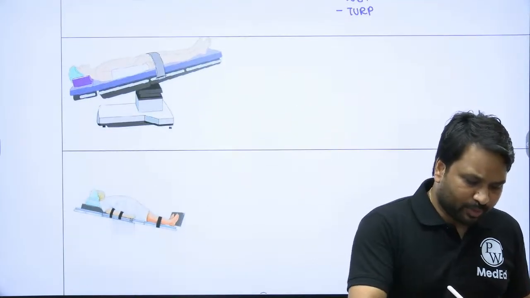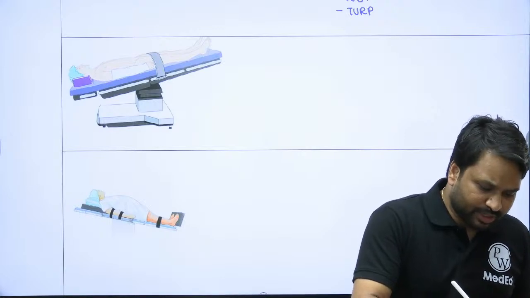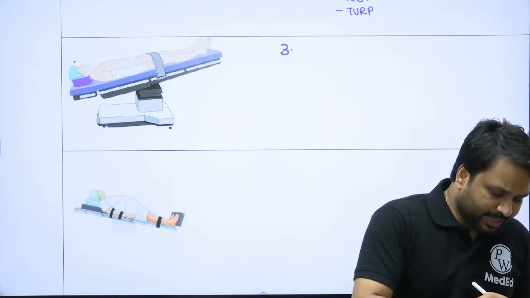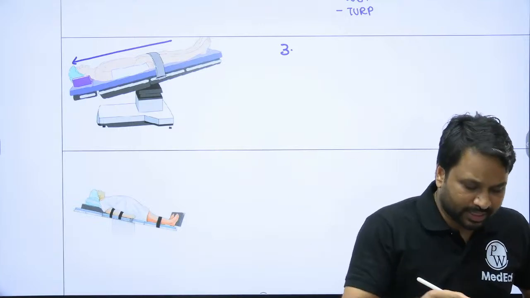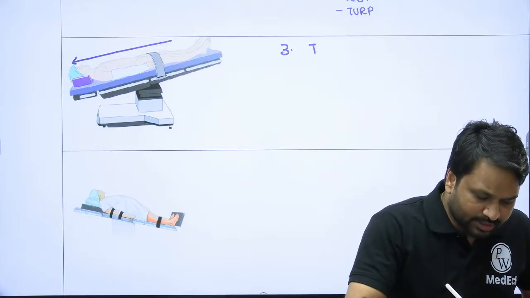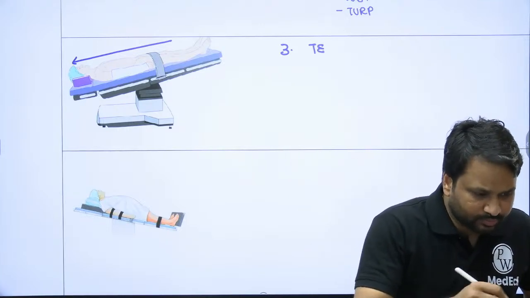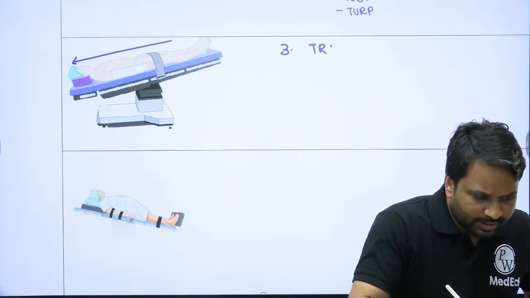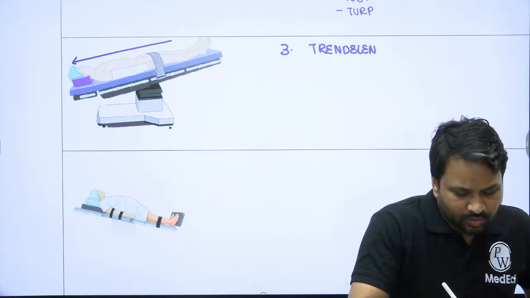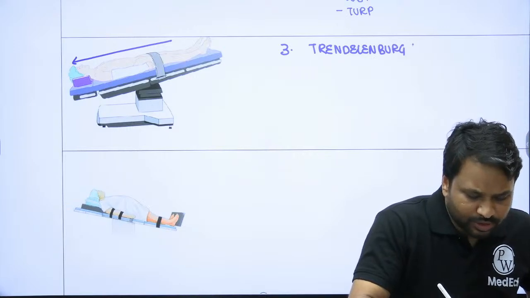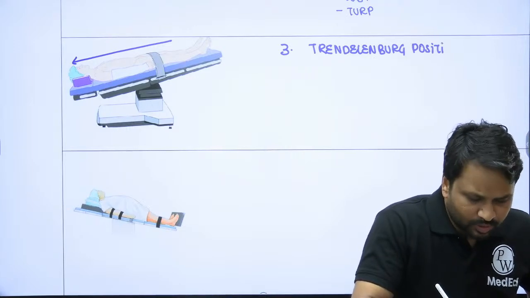Now, this is a very popular position, a variation of supine, where you can see the head of the patient is moving downwards like this. The head is at the downward end, and this is what we call the Trendelenburg position. Absolutely correct, right?